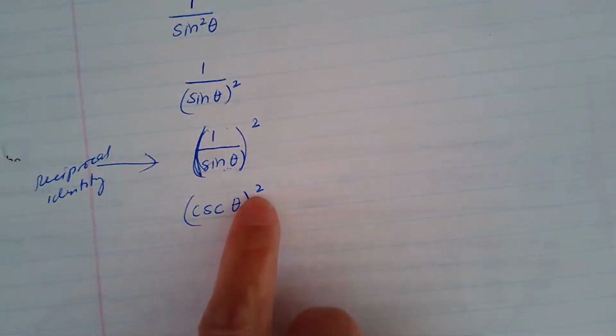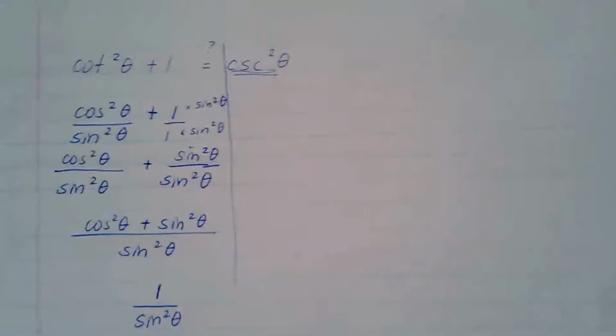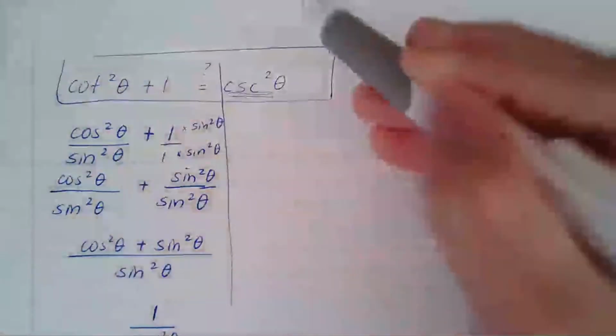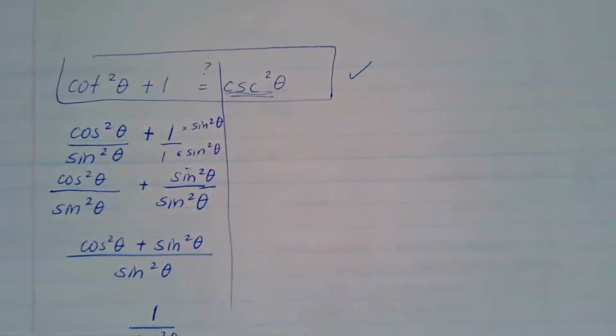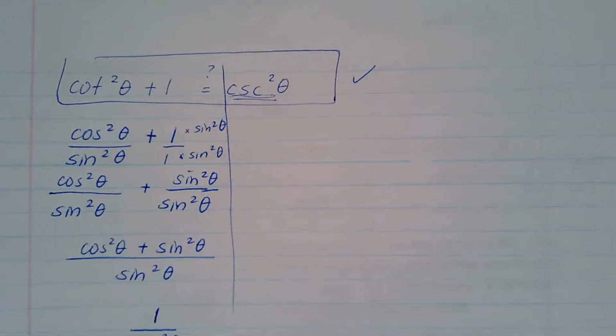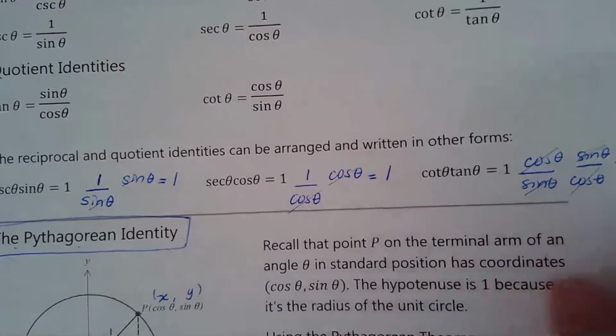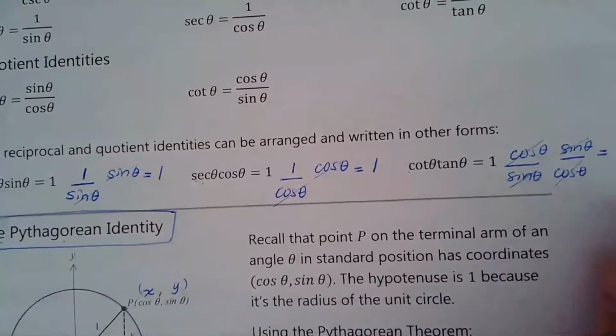And what's cosecant theta all squared? That's the same thing as cosecant squared theta. So now, as you can see, we've just proven that this is true. That is a Pythagorean trig identity. We're going to have a lot more practice on that one, but just to show you that.